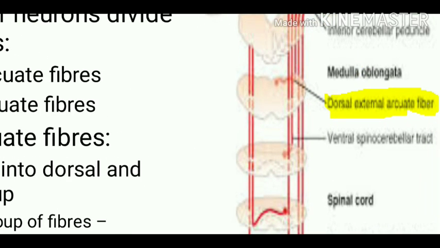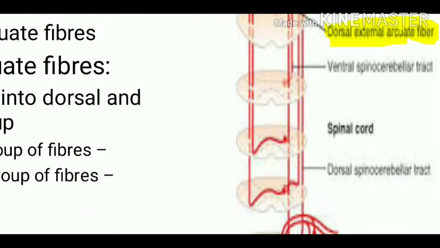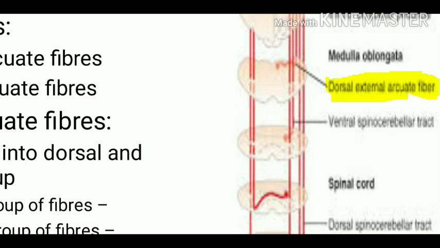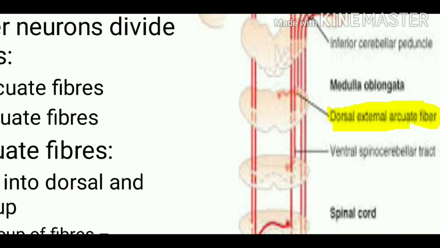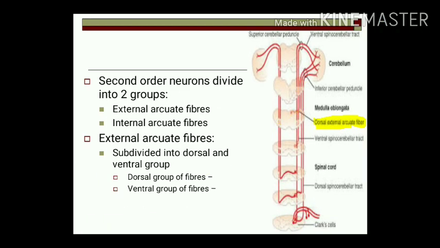You can see here, as these are first order neurons, they do not cross; they ascend on the same side and end in the medulla oblongata in the nucleus gracilis and nucleus cuneatus. From nucleus gracilis and nucleus cuneatus, second order neurons arise. These second order neurons are divided into two groups: external arcuate fibers and internal arcuate fibers.